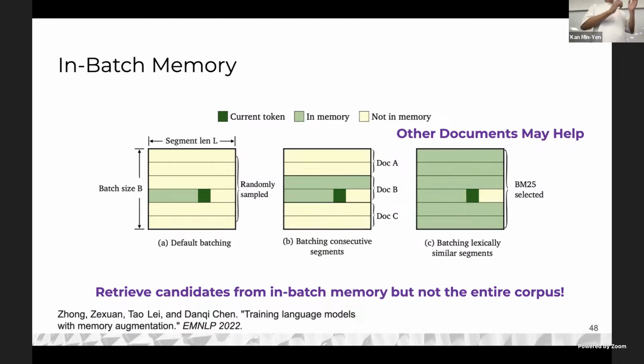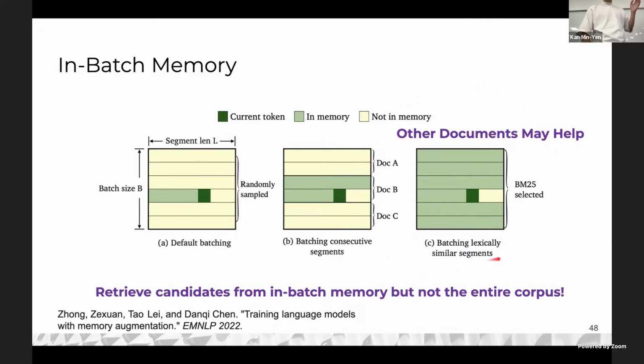That means some samples may construct a document and they put one document in one batch. So the samples or sentences in the same document may provide some useful knowledge to the current token prediction, but samples from other documents may also not be relevant to the current tokens.